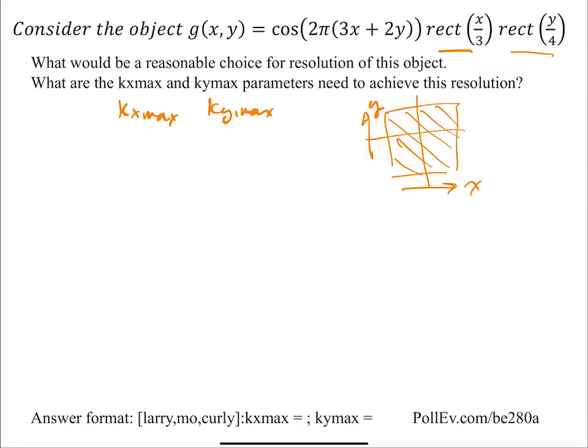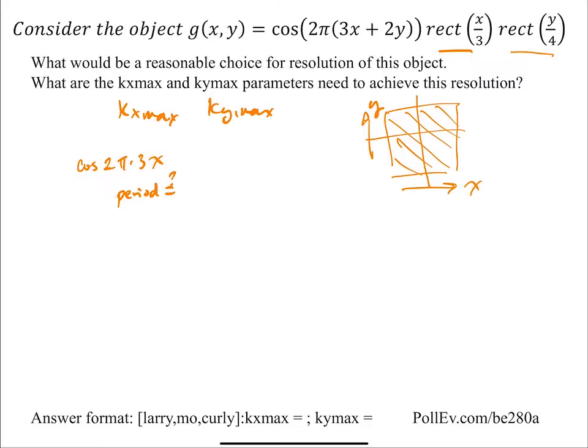Let's just look at the x part. We have cosine 2 pi 3x. What is the period of that function? Anyone? 1 over 3.